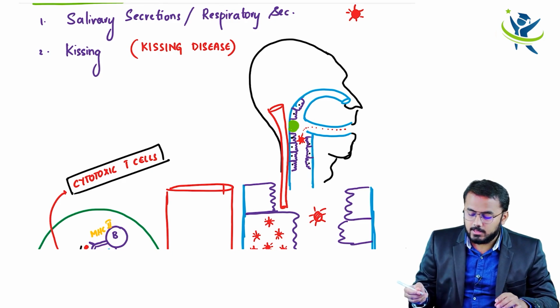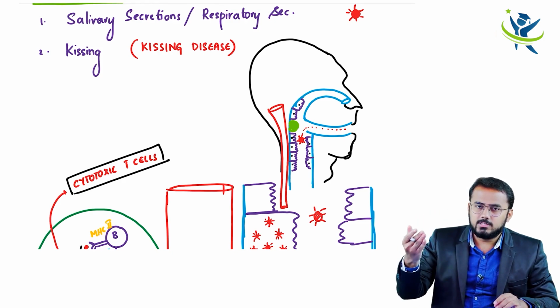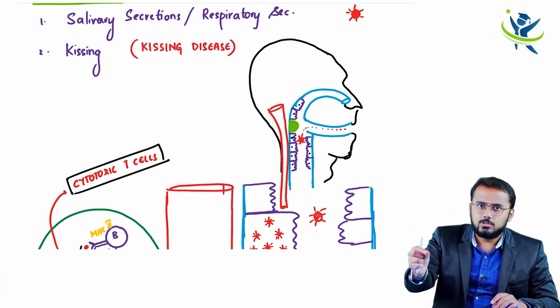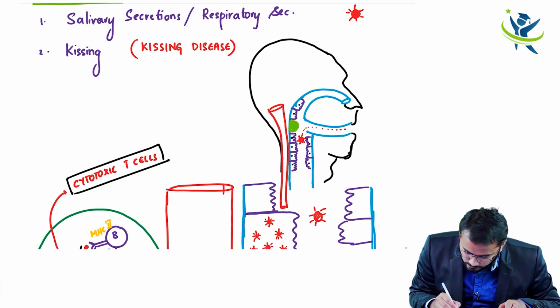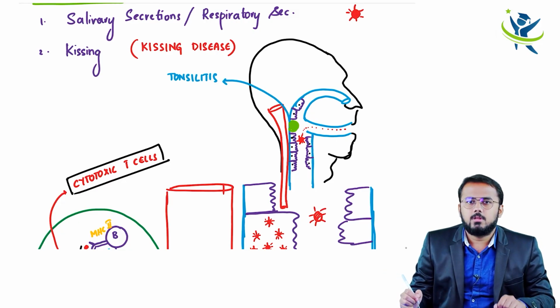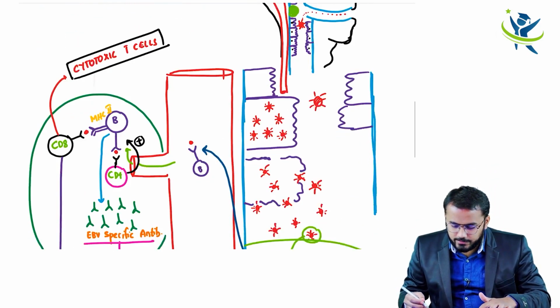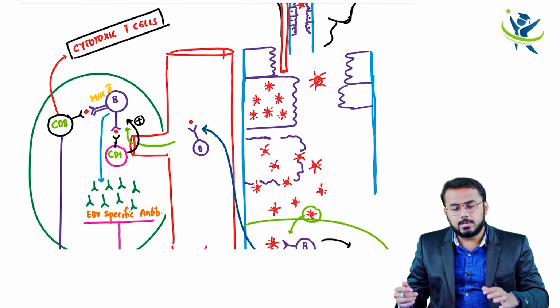For example, you kiss someone and you transmit that EBV infection to him, the virus enters into the tonsils, and what will happen to the tonsils? Patient gonna have tonsillitis. Not only tonsillitis, if the virus enters down into the pharynx and infects the pharynx, I have shown you in the picture, it broke all the epithelial cells.